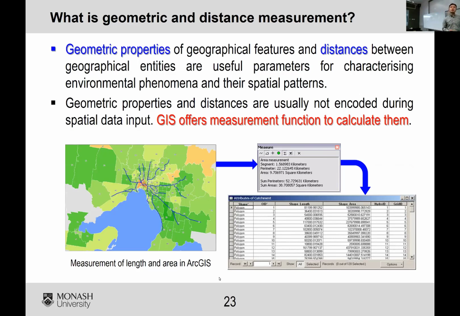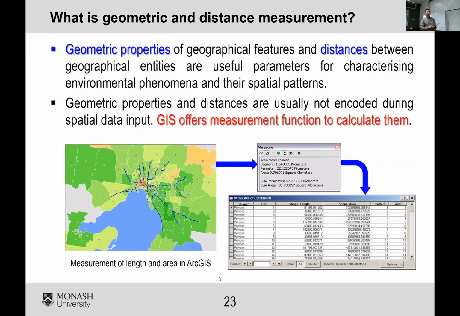But we don't really have the properties such as the area or perimeter. But these properties are very important in many spatial analysis. So we want to measure or calculate the area parameters of these shapes.